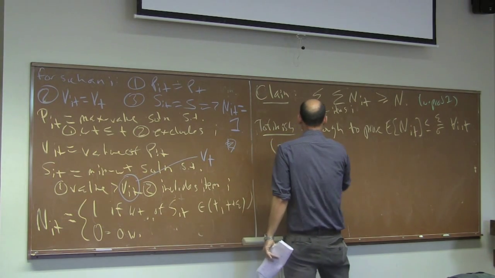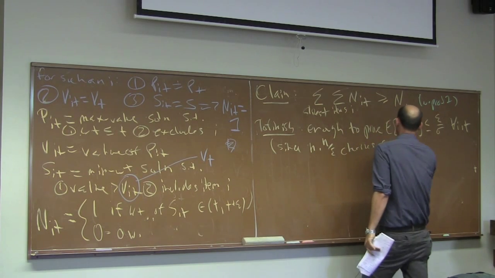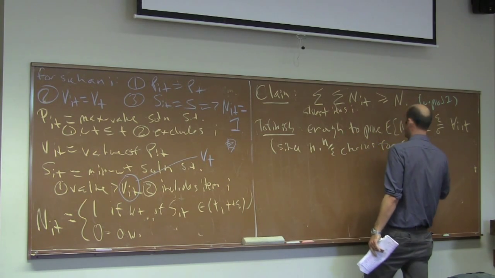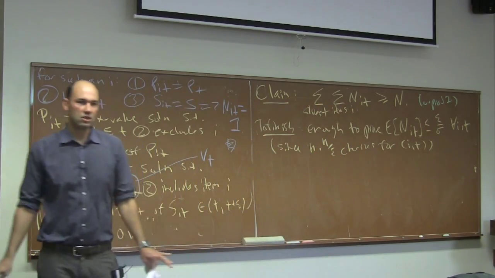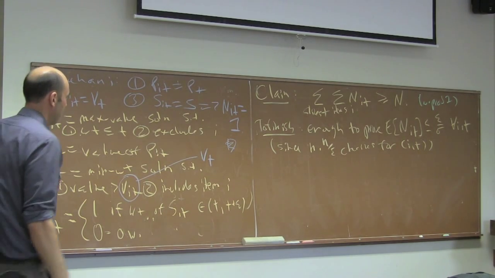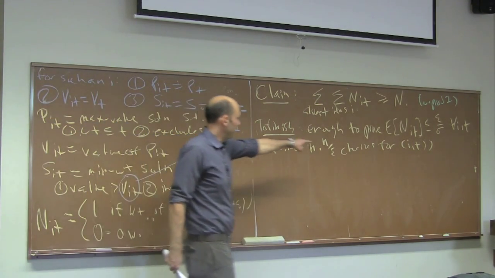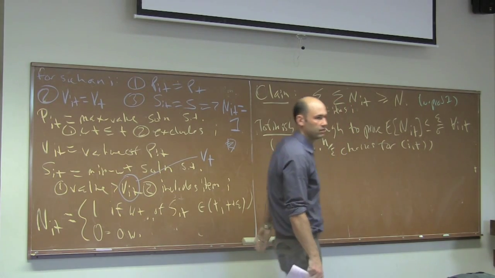Since n times n over epsilon choices for I, T. Okay? So as promised, the epsilons are just going to cancel. Okay? Does everyone agree with that? If we can prove this for every single I, T, just by linearity of expectation, we get our n squared over sigma bound.